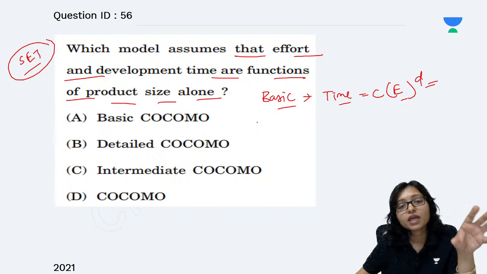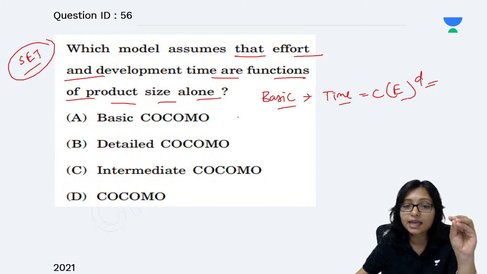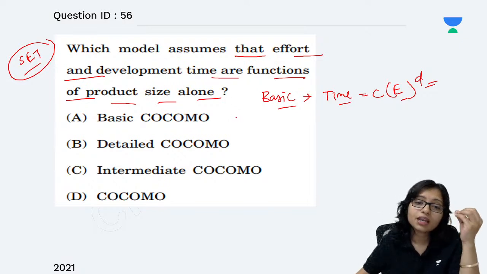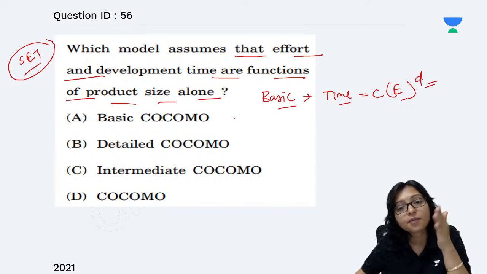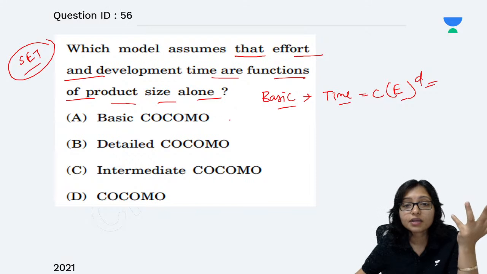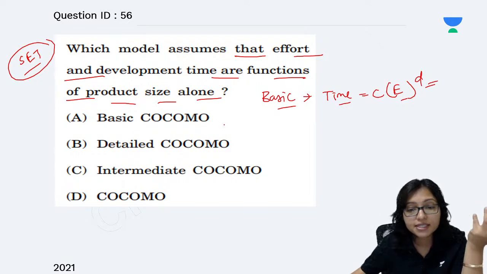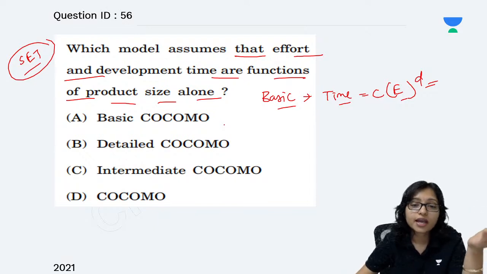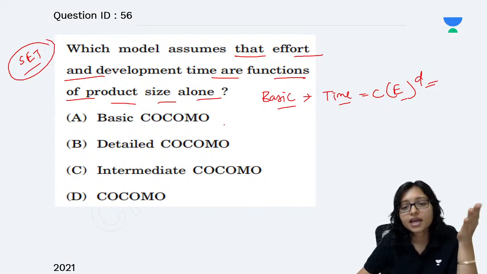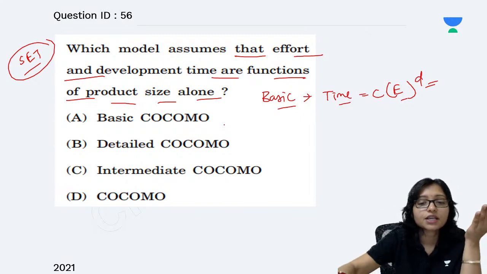But there are other factors too. Effort also depends on required software reliability, size of the application, complexity of the product, runtime performance, memory constraint, environment constraint, required analysis capability, and virtual machine experience.